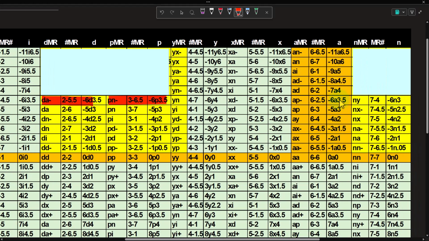From the Locrian, however, it would be an NY modal range, a 7-4 modal range, landing us on a continent, which would be negative 6 backwards from the Locrian node, negative 3rd modal half step backwards. If I take 7 minus 3, 7, 6, 5, 4, it would be clockwise 6 notes forward from the Locrian node, which would be a 4th modal half step forward, which would be the 5th scale degree.